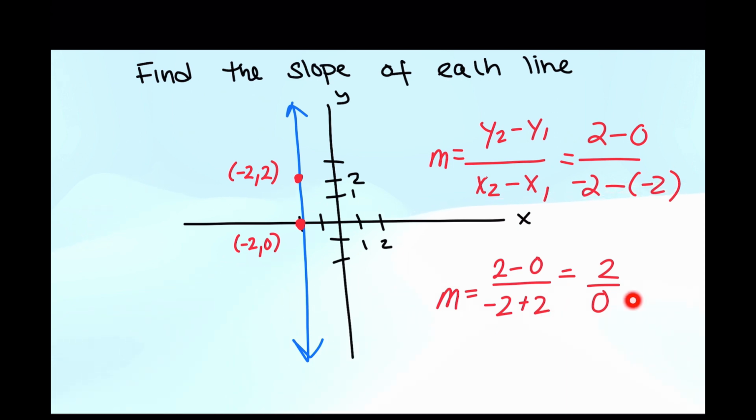Negative 2 plus 2 is 0. The run, the change in x, is 0 because the x values are constant. And 2 divided by 0 is actually undefined. We can't divide by 0. So vertical lines are like cliffs. They are infinitely steep, and so we say that they have an undefined slope. That's going to be true for any vertical line.